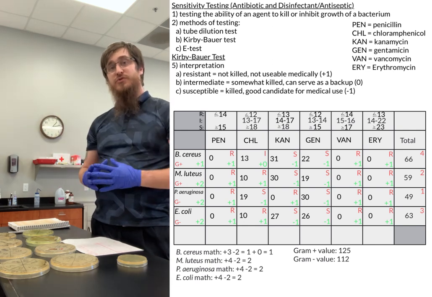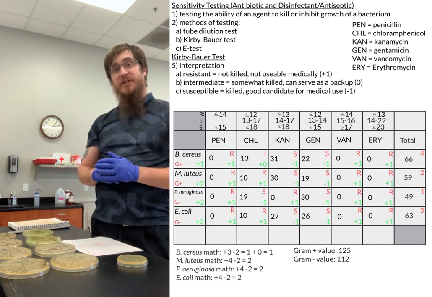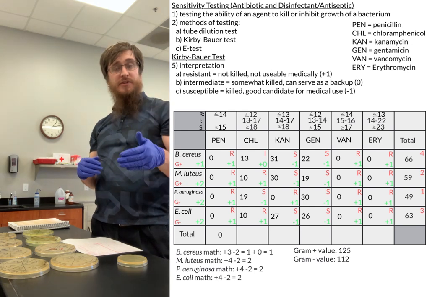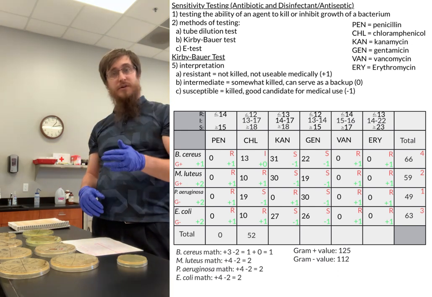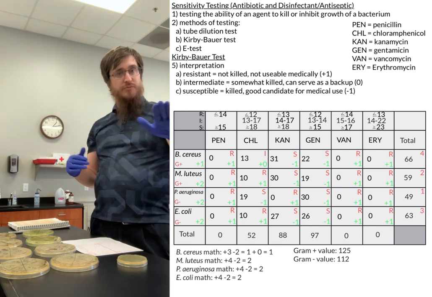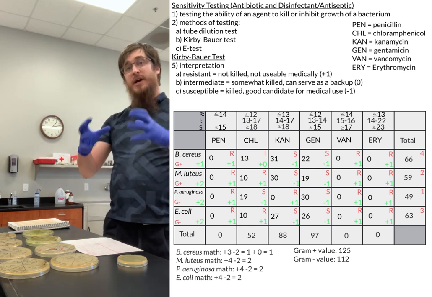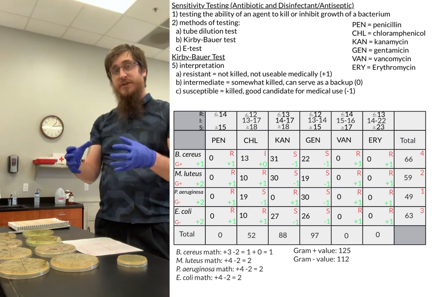The next way that we're going to interpret our data is from the antibiotic side. So now I'm going to add up all my penicillin numbers, all of my chloramphenicol, all of my kanamycin, all my gentamicin. I'm basically going to get all these total values at the bottom. And now we're looking at this from the antibiotic side.